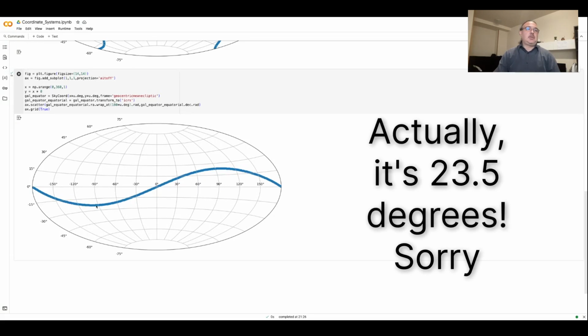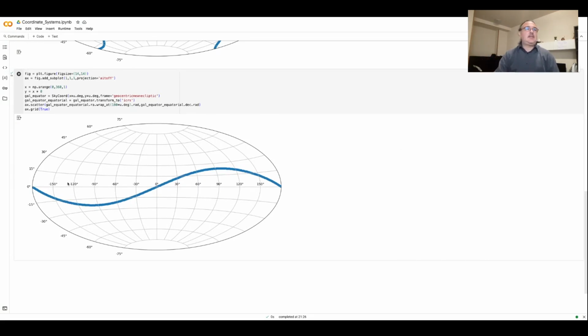So actually this is about 27 degrees if I'm not mistaken. And you can see that if this is the equator and this is the position of the Sun in the sky along the year, these two circles cross in 2 points.